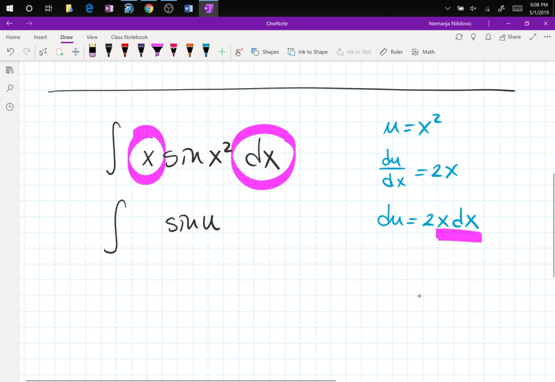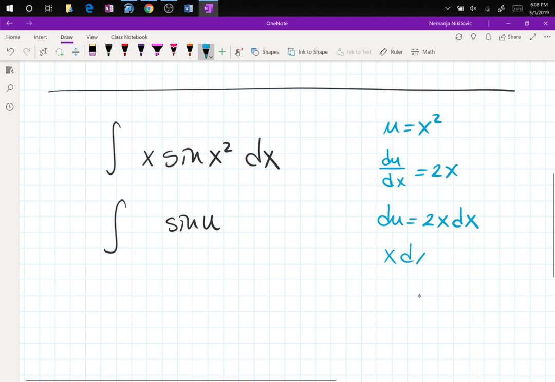Move it to the other side. So your x dx is equal to du over 2. And that's your, here I'll underline it, x dx turns into a du over 2 because of this.